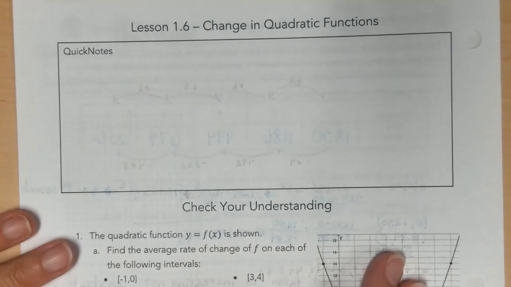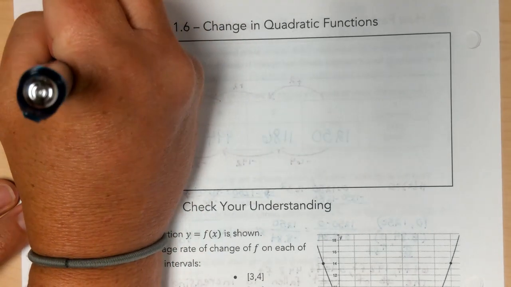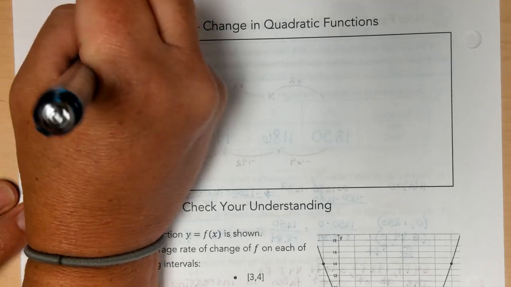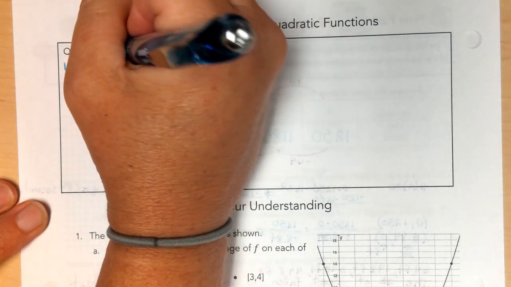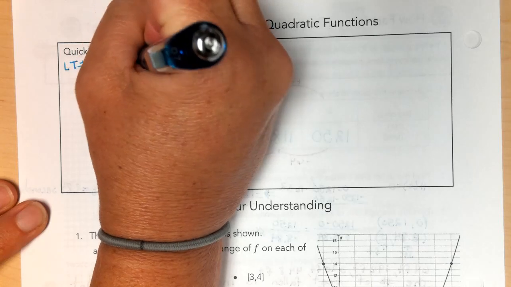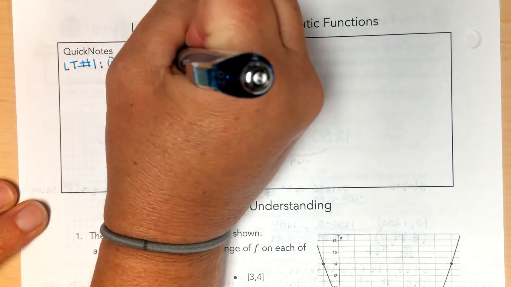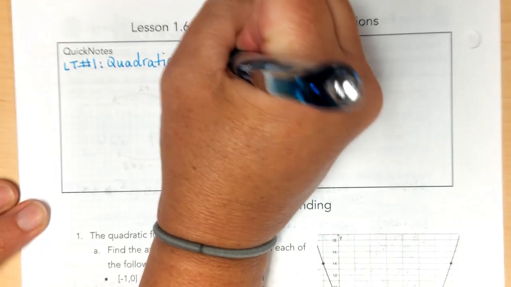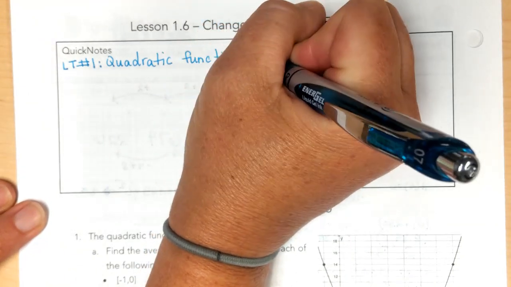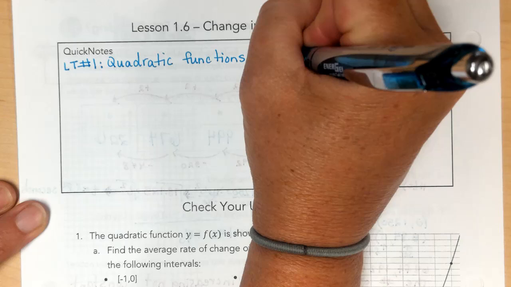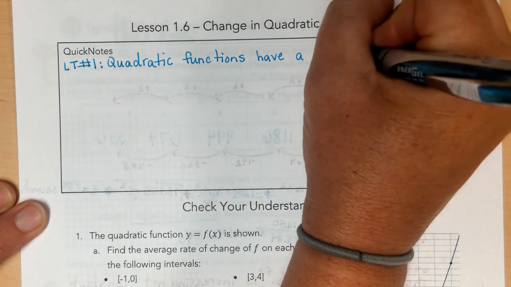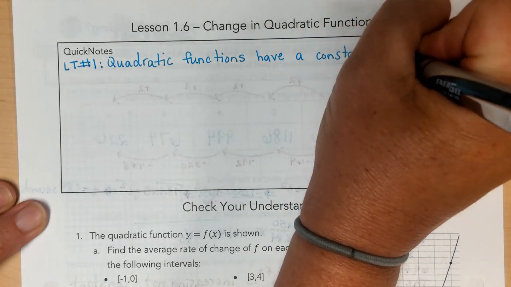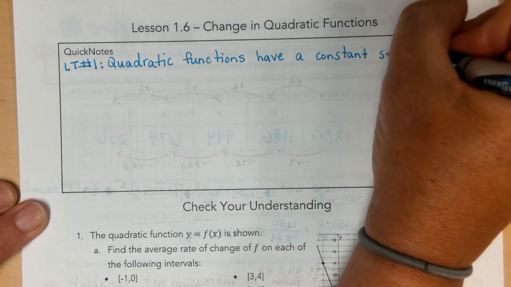Okay, turning over, going to your learning targets. So we have learning target number 1. And it tells us that quadratic functions have a constant second difference.